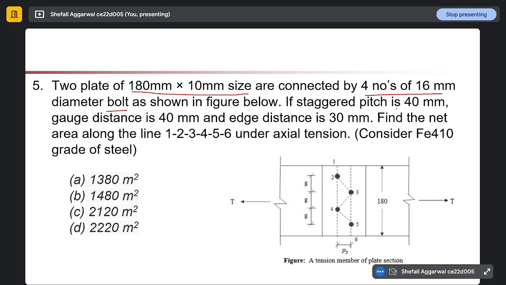If the staggered pitch is 40 mm, this is our pitch, this is our diagonal, and the gauge distance is 40 mm, this is our g value, and the edge distance is 30 mm. Find the net area along the line 1, 2, 3, 4, 5, 6 under axial tension.